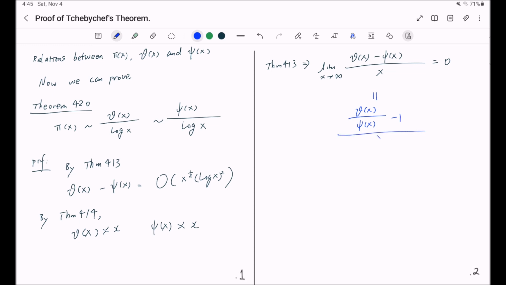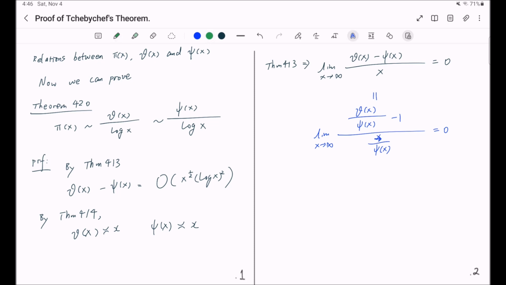And the denominator will be x divided by psi of x. So this means the limit as x goes to infinity of this quotient is equal to 0.